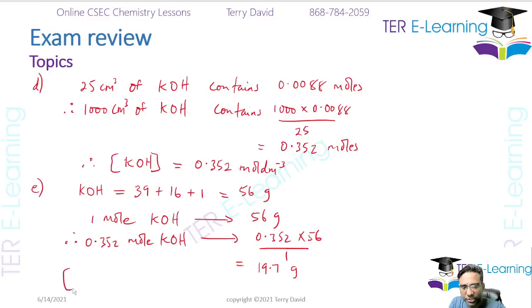So the concentration of the potassium hydroxide is going to be equal to 19.7 gram per dm cube. Right, so I hope you all are following what's happening here in terms of the calculation.